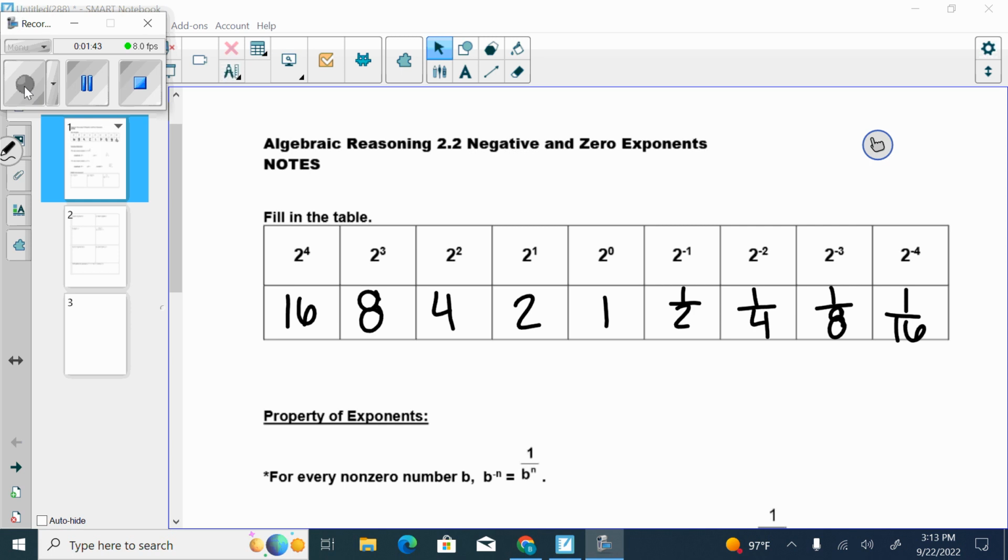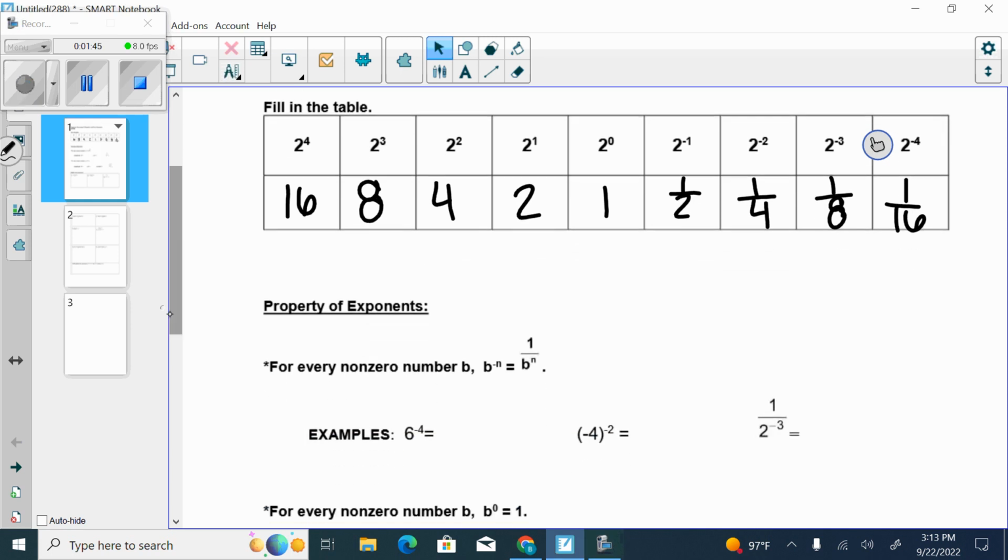Okay, so now that we have the table filled in, let's see if we can make some comparisons about what we're coming up with, okay? So there's nothing like this one here in the middle, right? Anything to the 0 power is going to be 1, all right? But what do you notice about the 2 to the 1st and the 2 to the negative 1?